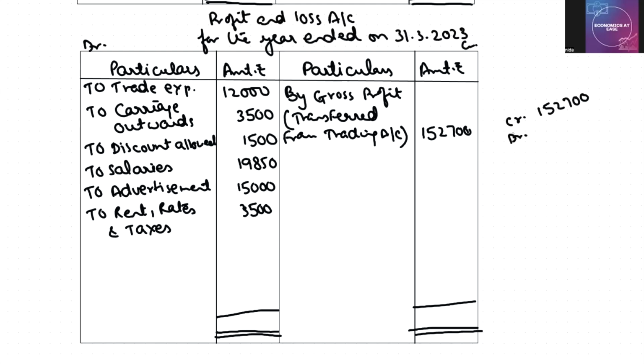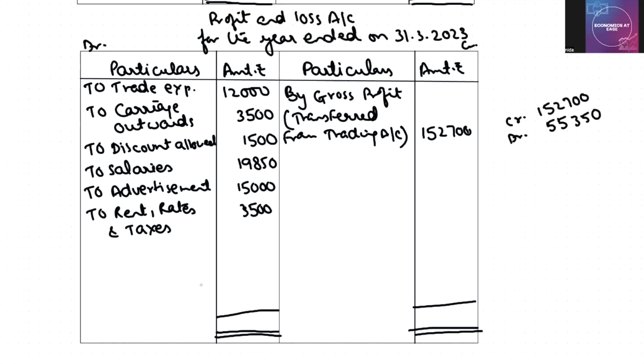12,000 plus 3,500 plus 1,500 plus 19,850 plus 15,000 plus 3,500. So you will get here 55,350. So 152,700 minus 55,350, you will be getting here 97,350.